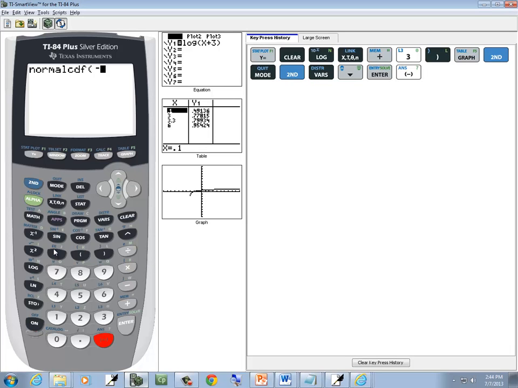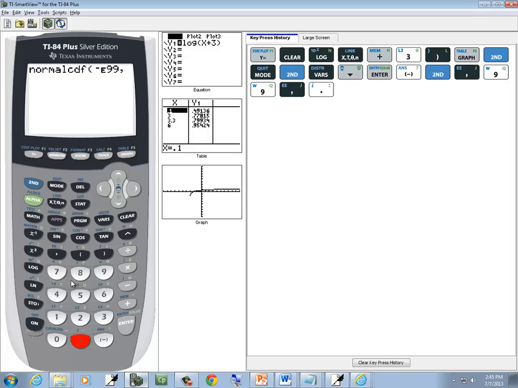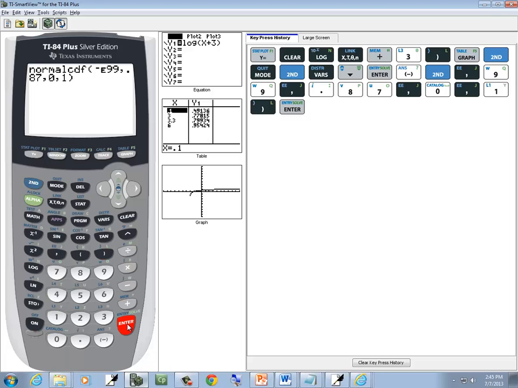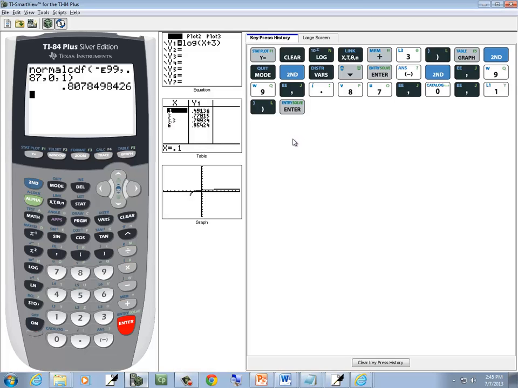The E we're wanting is the one above the comma, so you do second, comma, 99, comma, 0.87, comma, 0, comma, 1. And closing parentheses and enter. And that'll give us, I think they wanted probably 4 decimal places. So that'll give us 0.8078.